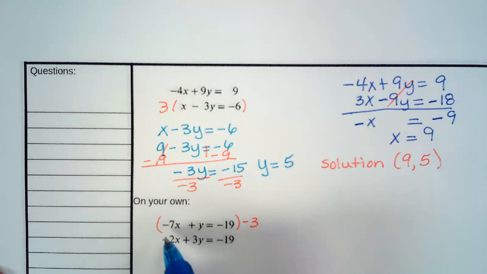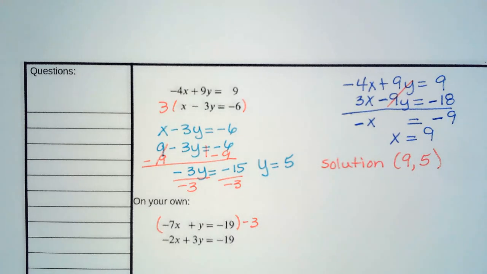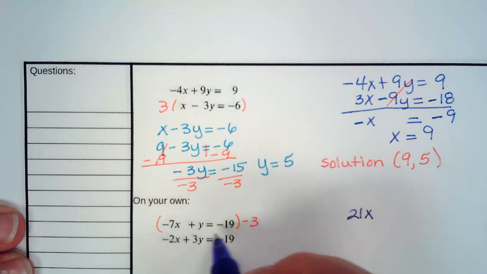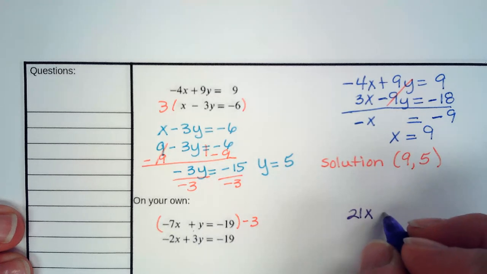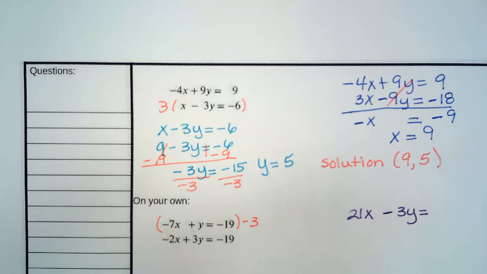Okay, negative 3 times negative 7x is 21x. Negative 3 times positive y is negative 3y. Negative 3 times negative 19.